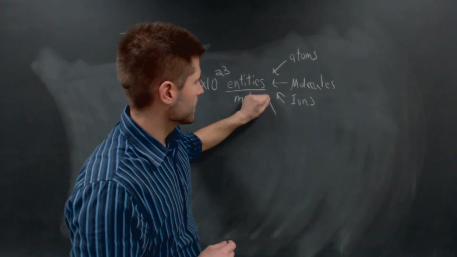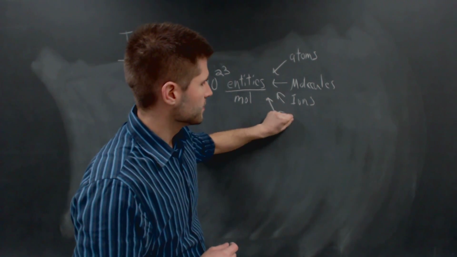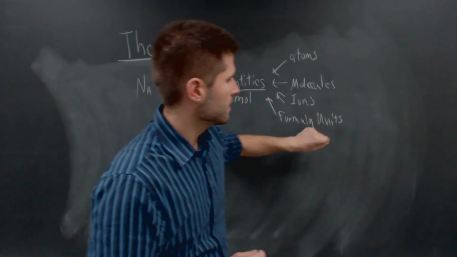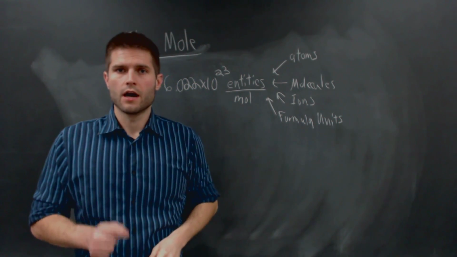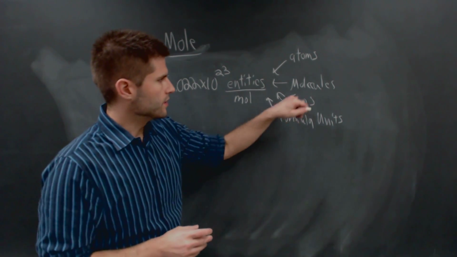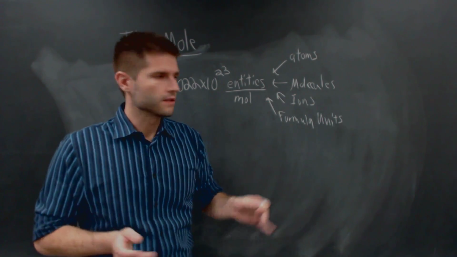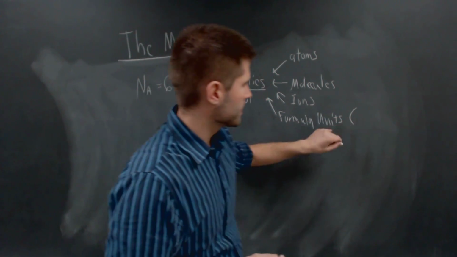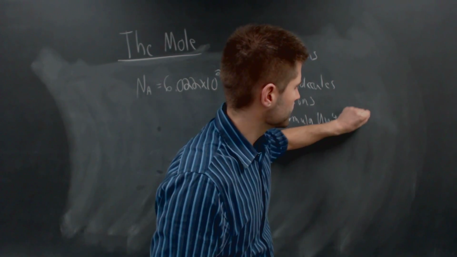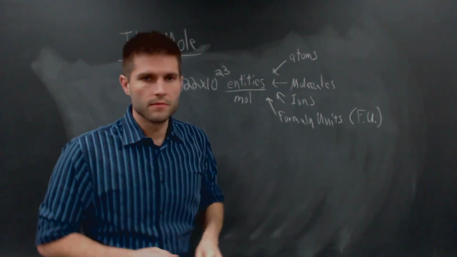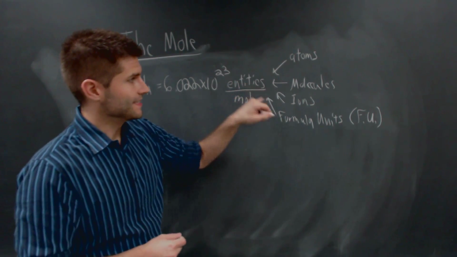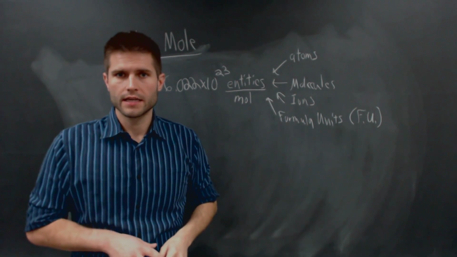And it can also calculate things known as formula units. This comes into play when we're dealing with compounds, ionic bonds. That's what we call a formula unit. We know that molecules come from covalent bonds. We don't want to keep writing out formula units, that's a long word, so I'll denote that F.U., and that stands for formula units in the world of chemistry. So these entities can change based on whatever we're talking about.